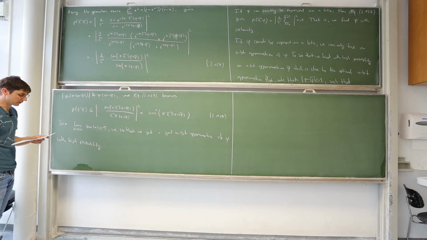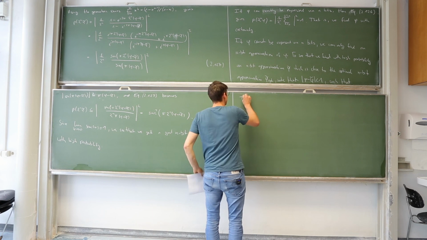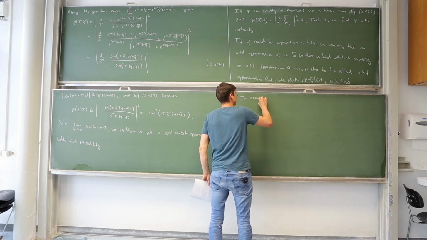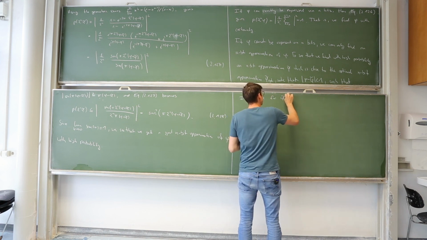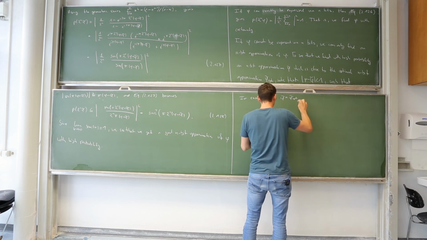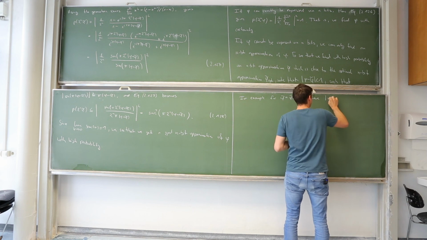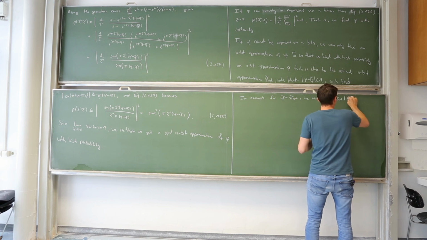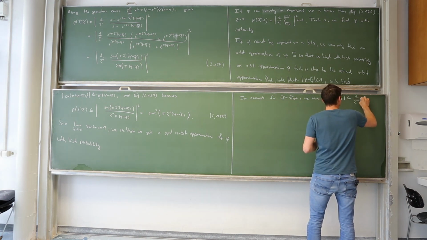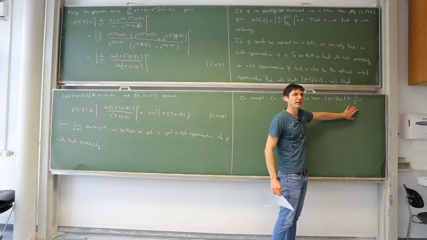And we can also calculate now what's the probability for the optimal n-bit approximation. So for example, for phi tilde equal to phi tilde optimal, we have that the difference phi minus phi tilde optimal must be smaller or equal to 1 over 2 to the power of n plus 1, because they coincide in the first n bits.